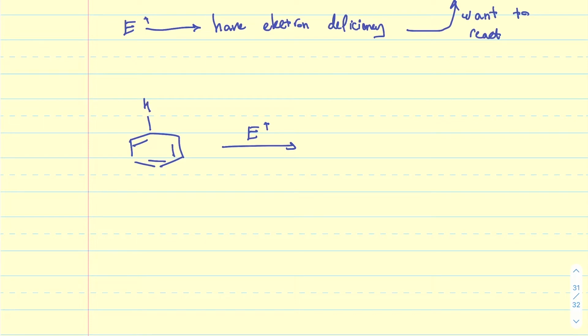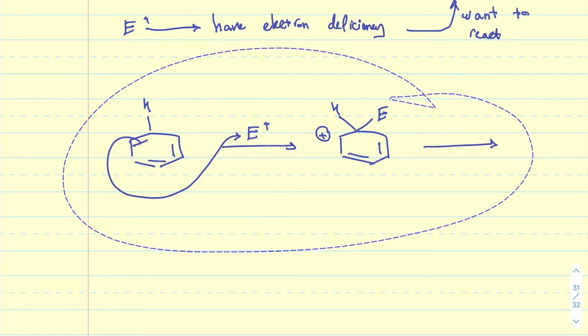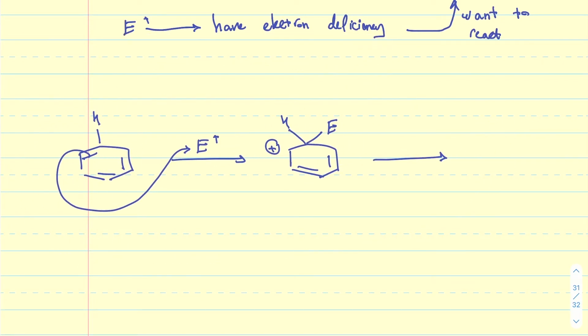So the way the reaction works is that benzene is going to attack the electrophile, which adds on to our benzene ring and gives us an intermediate that is going to look like this. Then in a second step, a base of some sort is going to abstract this hydrogen and regenerate aromaticity. This is a fast step because the aromaticity is reestablished in this step.